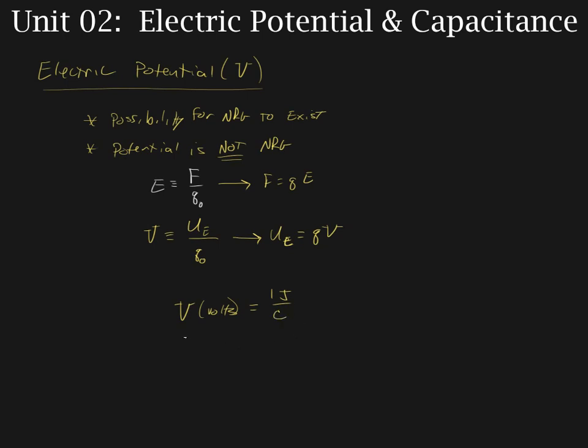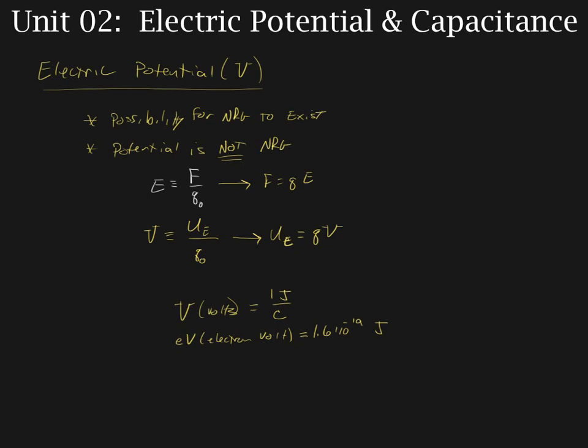There's another unit called the electron volt, eV, and the electron volt has nothing to do with potential. Because the electron volt is a unit of energy, it has a value of 1.6 times 10 to the minus 19 joules. And we'll talk later about how we get the electron volt.